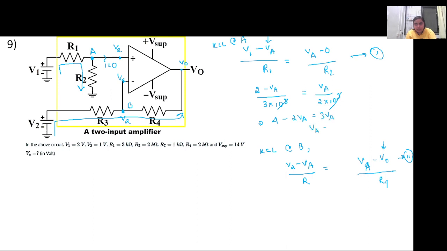So VA is equal to 4 by 5 volt. Let's substitute in equation 2. V2 is 1, VA is 4 by 5, R3 is 1 kilo ohm, VA is again 4 by 5 minus V0, and R4 is 2 kilo ohm.